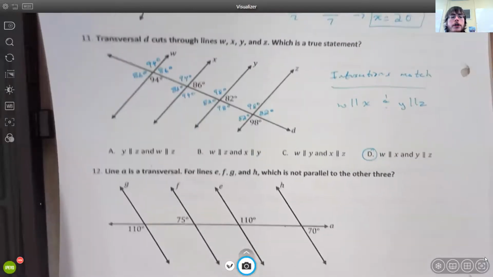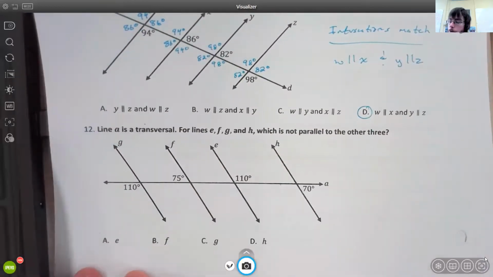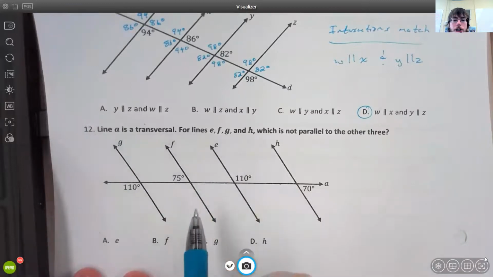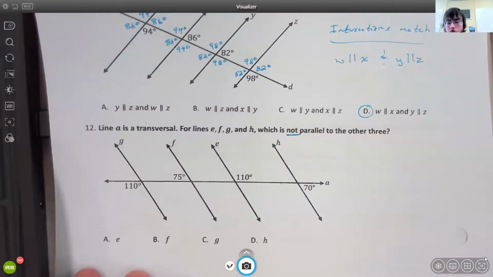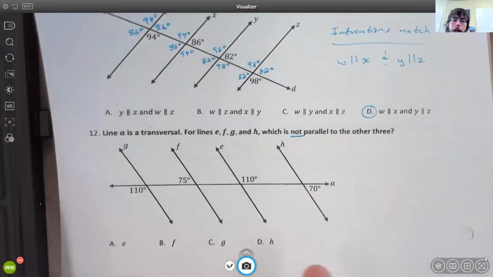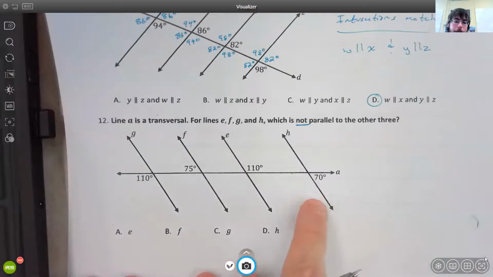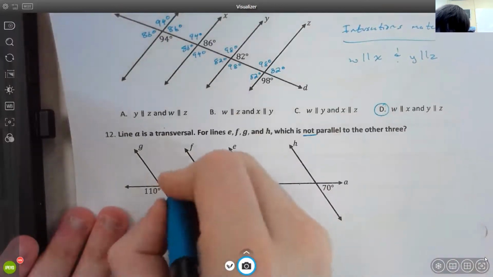Number 12, our last one here. Line A is a transversal for lines E, F, G, and H. Which is not parallel to the other 3? Just like last time we were seeing which ones matched up, this time we're looking for the one that does not match up. So let's fill in our values here.